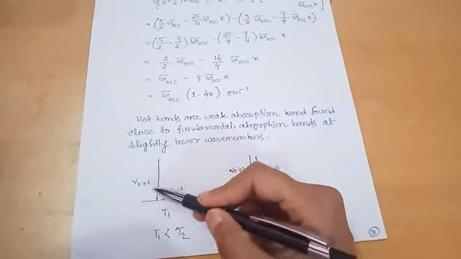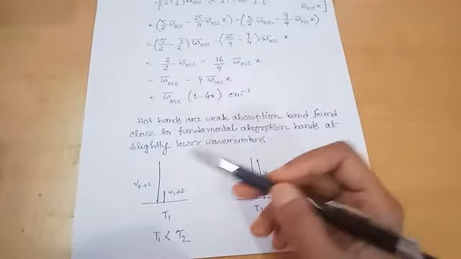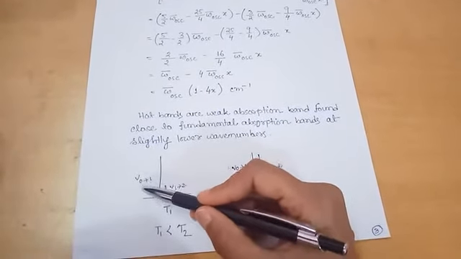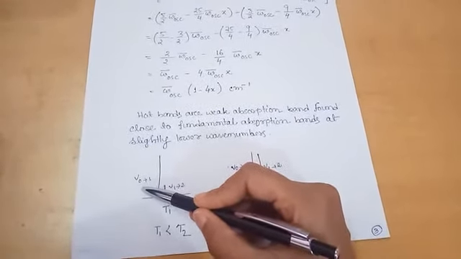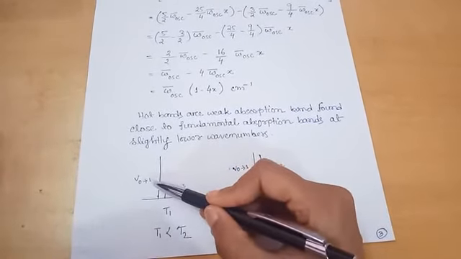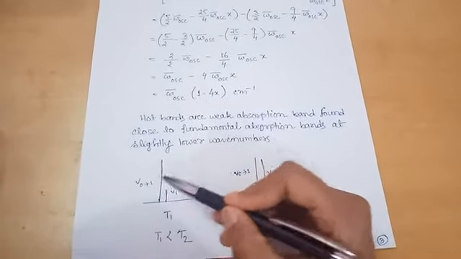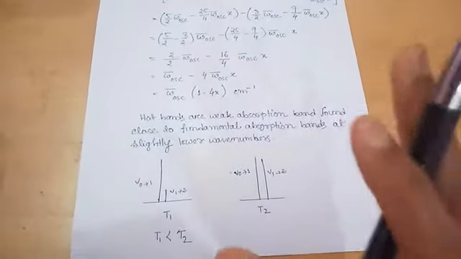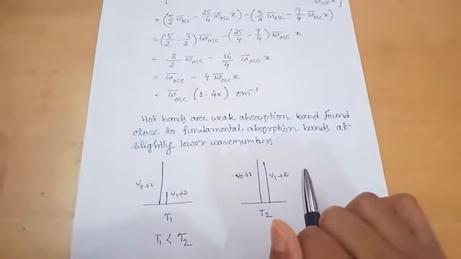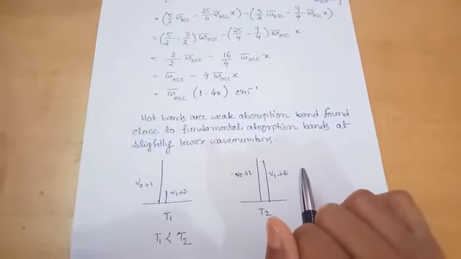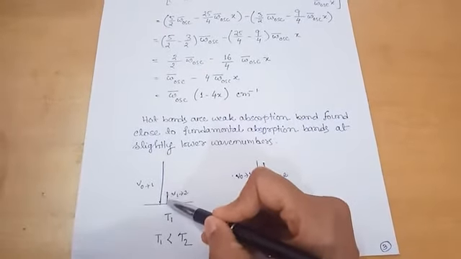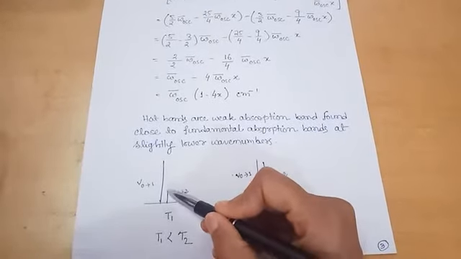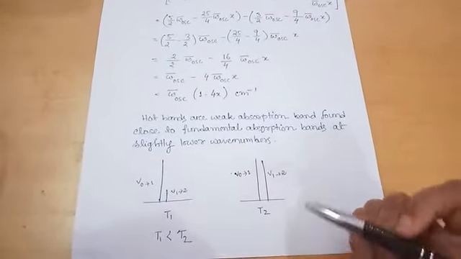So when we talk about the transitions at room temperature, they are most likely to take place from the 0 level to the 1 level. But at the 1 level, there is a very small population at room temperature. So the intensity observed for the transition 1 to 2 is found to be very low.